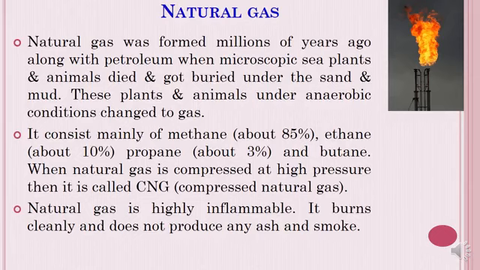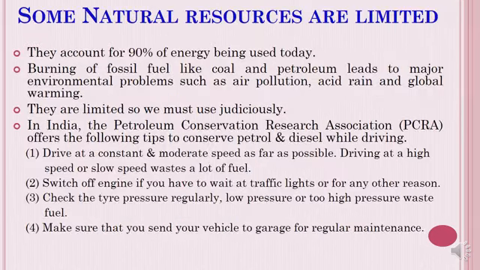Natural gas is highly inflammable. It burns cleanly and does not produce any ash and smoke. You know, children, we studied in the beginning of the chapter that some of the natural resources are exhaustible, like fossil fuels, forest, minerals, etc. They account for 90% of energy being used today.